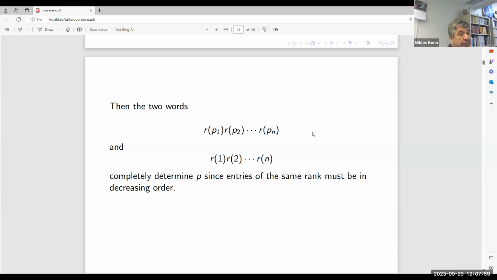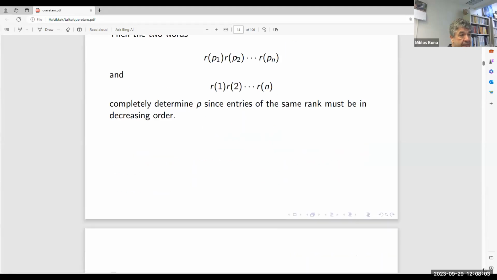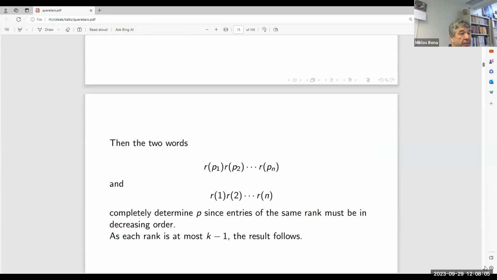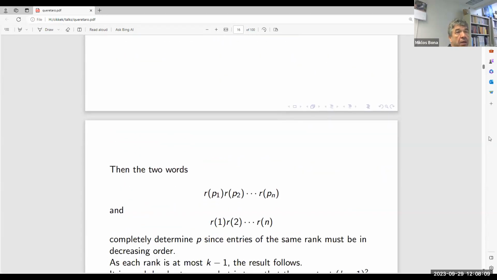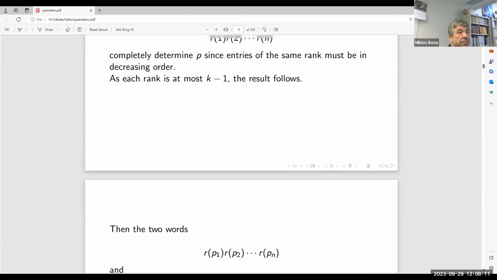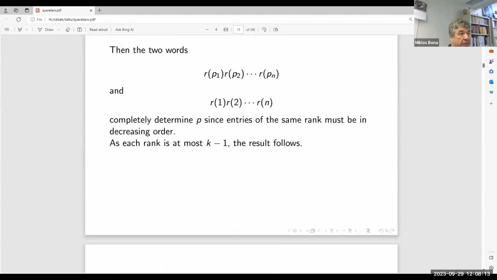Now, clearly, if my permutation avoids the monotone pattern of length k, then these numbers are between 1 and k minus 1 inclusive. So the number of these pairs of words is at most (k minus 1) to the 2n. On the other hand, these words completely determine the permutation, right?